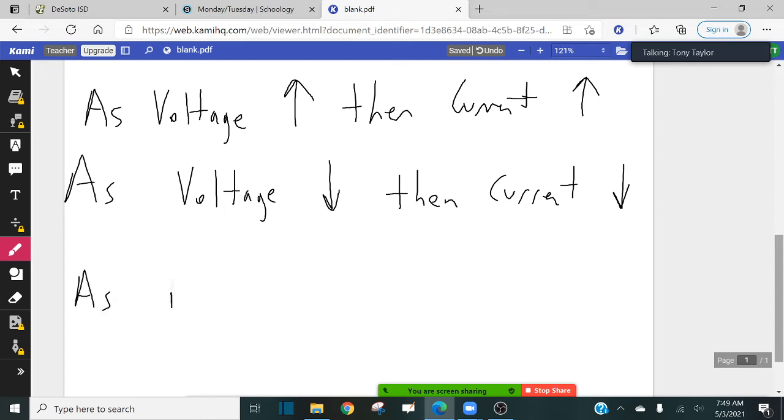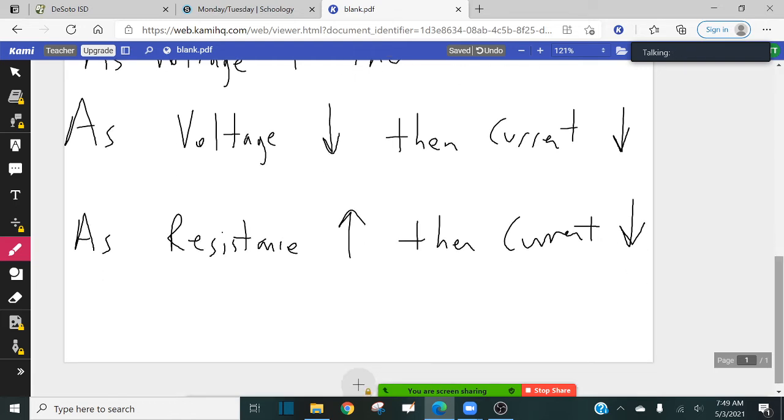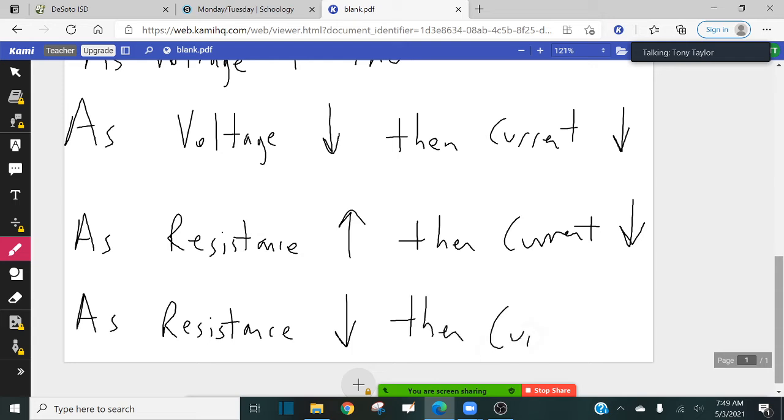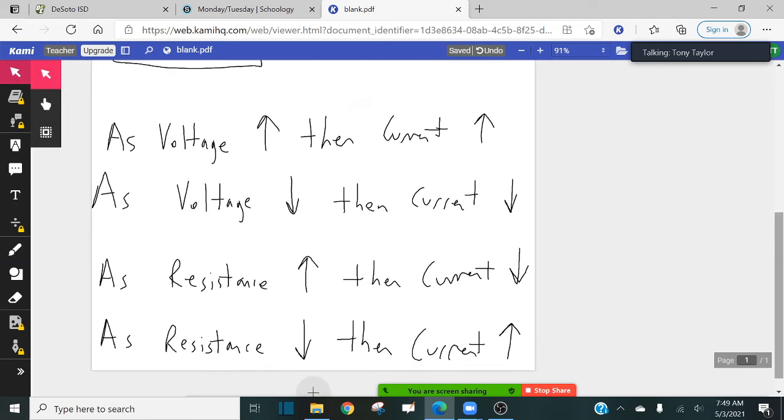And as resistance increases, then current decreases. As resistance decreases, then current increases. Okay, so these are the important facts you guys need to know in order to do that assignment.